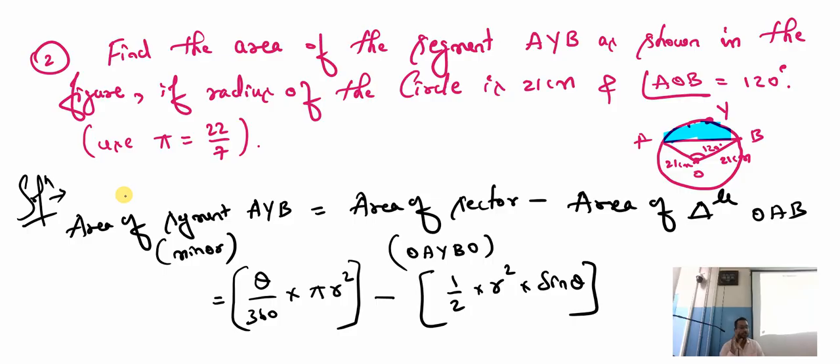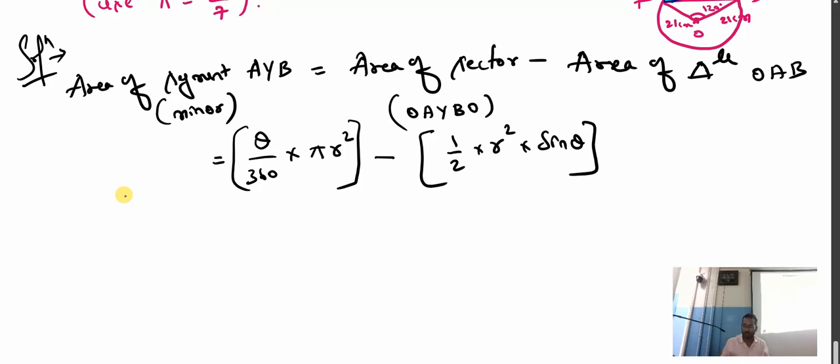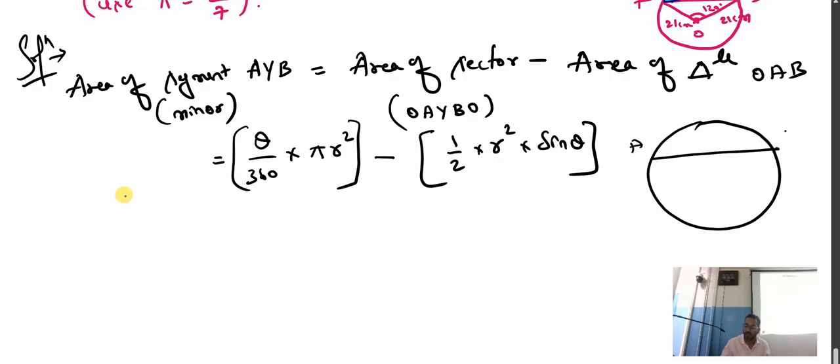Even for that, we have an option. What is that option? Observe it. See here. This is my figure. This is my AB. This is my O. Now, I am going to draw a line which is perpendicular to AB, 90 degree.